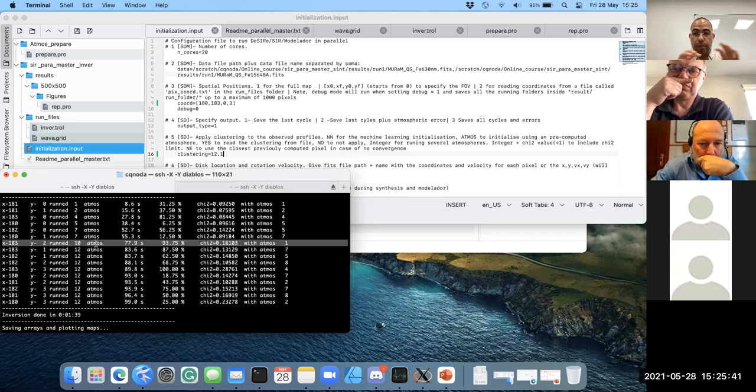So for this reason, there's this discrepancy, but the idea is that within one configuration, if you run different atmospheres, the lowest value is usually the best, so that is kept.